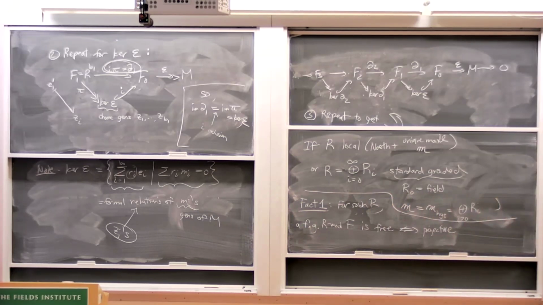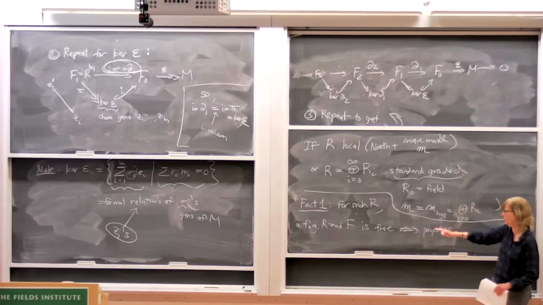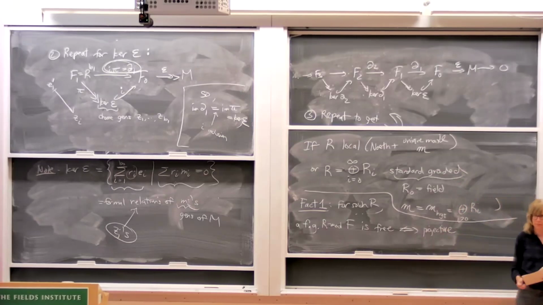And if you don't know what projective is, it doesn't matter because our modules will be free. But the better way to talk about a lot of things is this. It's a little more general than free modules.